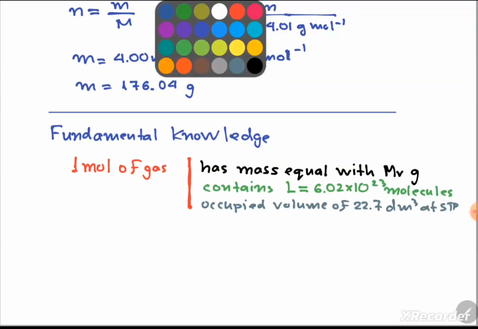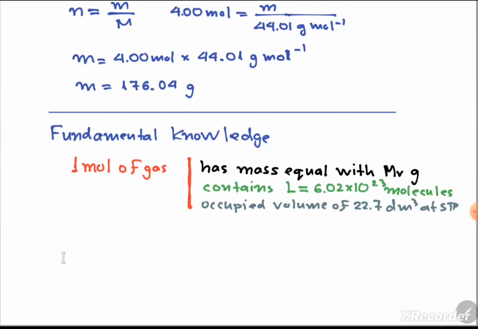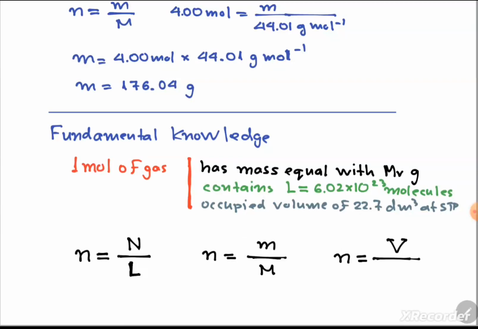And the important relationships are: the number of mole is equal with number of particles divided with the Avogadro constant. The number of mole is equal with mass divided with molar mass, and the number of mole is equal with the value of volume divided with molar volume.